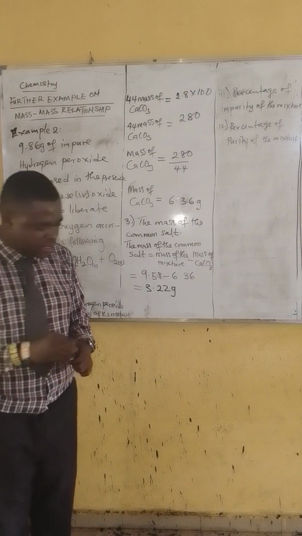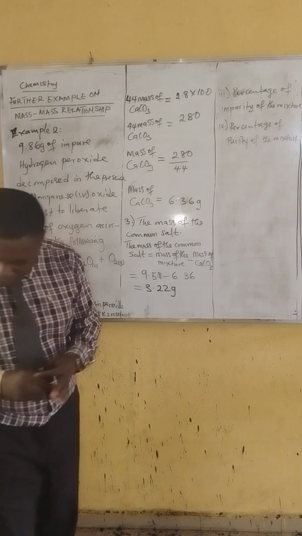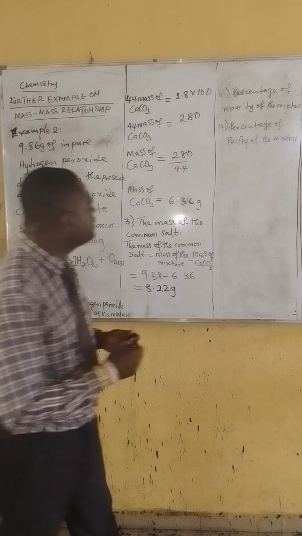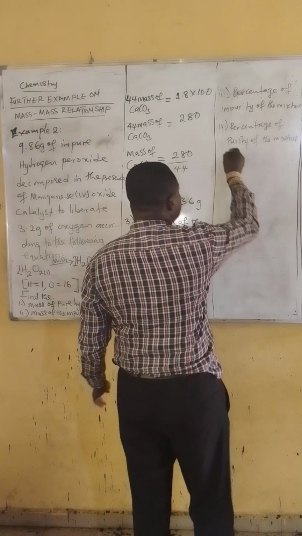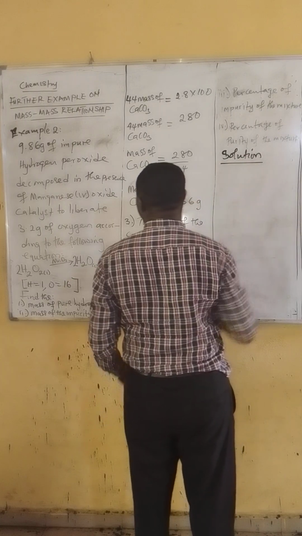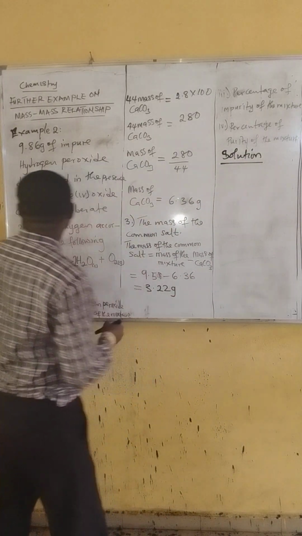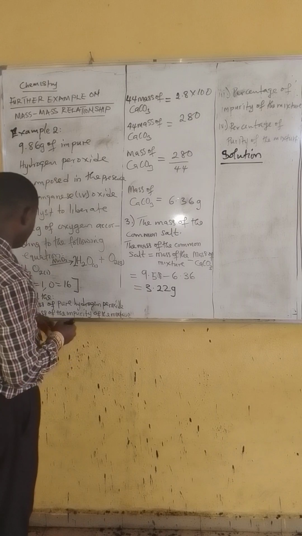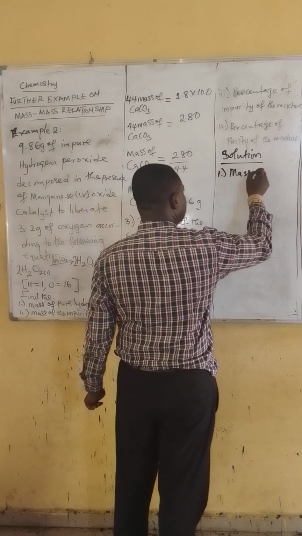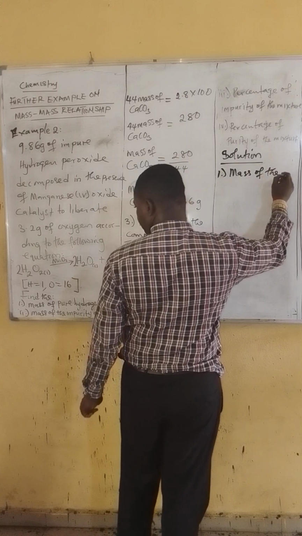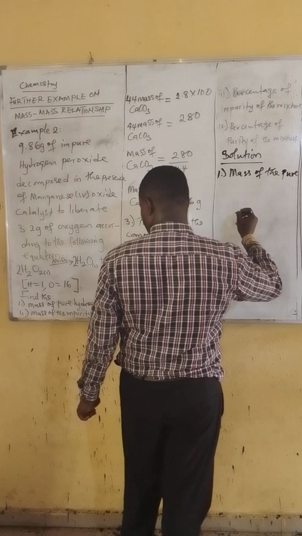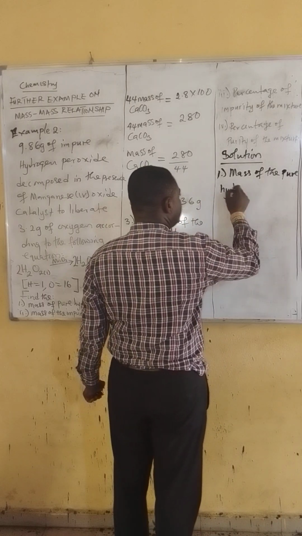Next thing to do, solution. We want to solve the first question, the mass of the pure hydrogen peroxide.